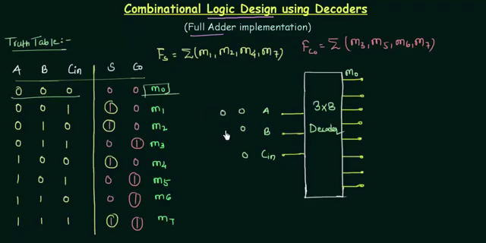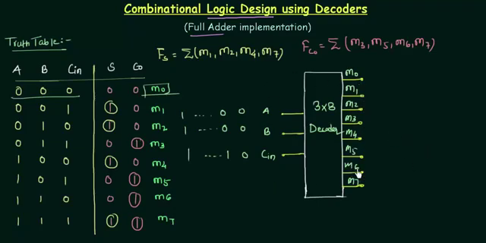Similarly, when it is 0, 0, 1, we have M1, and when it is 1, 1, 1, we have M7, and so on for all the cases: M2, M3, M4, M5, M6.